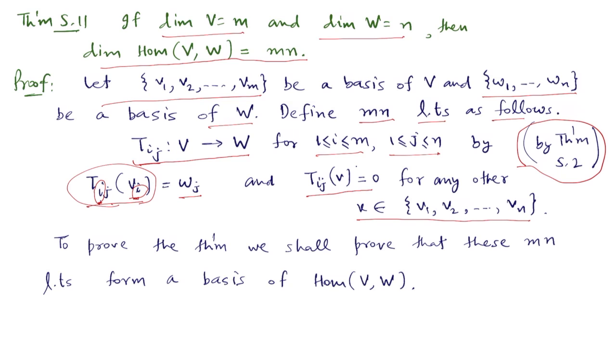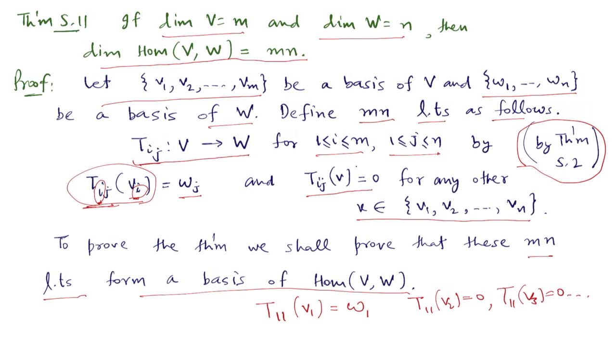So for example, if we take T11, then T11 of v1 will be equal to w1, and for all other vi's, that means T11 of v2 will be 0, T11 of v3 will be 0, and so on. So this way we define these linear transformations Tij from V to W. We shall prove that these mn linear transformations form a basis of Hom(V, W).